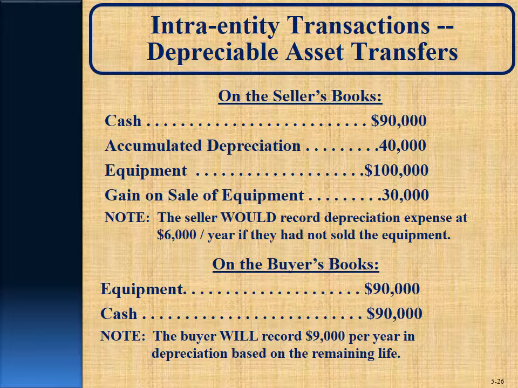On the buyer's books, what would they have had if they didn't sell this? They would have recorded depreciation of $6,000. On the buyer's books, they now have an equipment asset at a cost of $90,000, and the buyer will be recording $9,000 per year on their individual books. We have to eliminate all that so that it's like they never sold it.